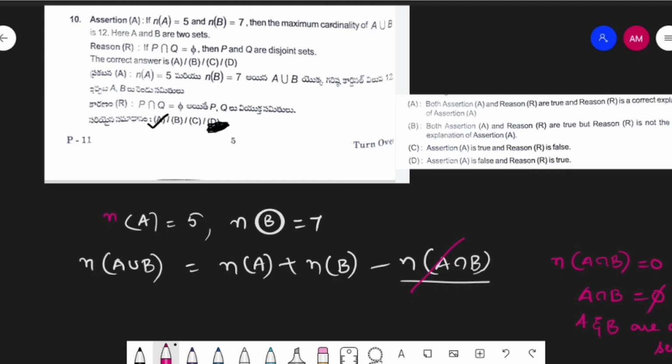So the assertion is true. This is possible when A and B are disjoint, that is, when A intersection B is equal to phi. So both are true and the reason is also the correct explanation for the assertion. So what is the option? Option A.